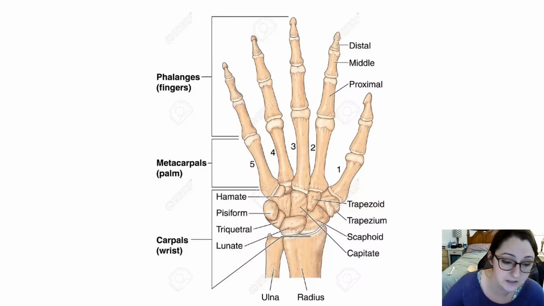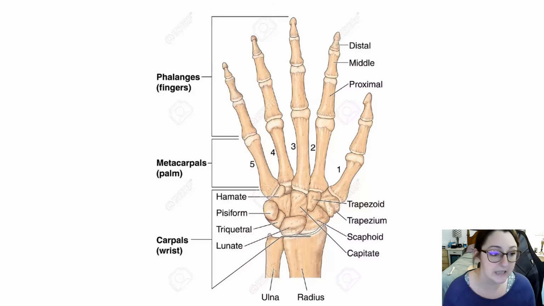So some, scaphoid, lovers, lunate, try, triquetral, positions, pisiform, that, trapezium, they, trapezoid, cannot, capitate, handle, hamate. And that should hopefully help you remember the order of your carpals, your wrist bones.